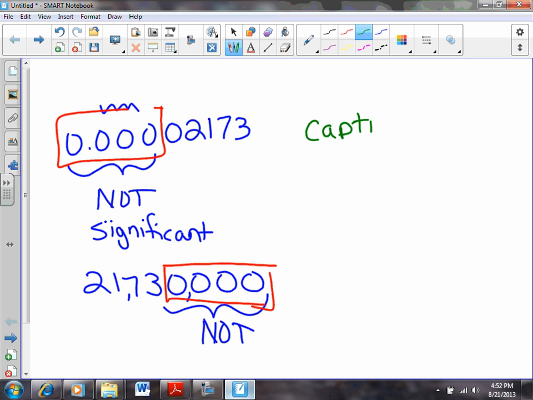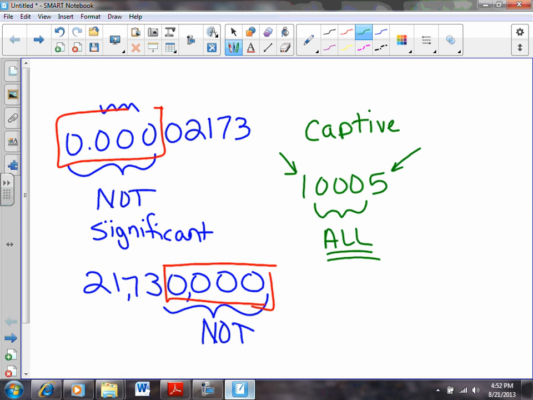In other words, it's in the middle of a number surrounded on either side by non-zero digits. So an example of that would be 10005. These are all significant because they have a significant digit there and a significant digit there.